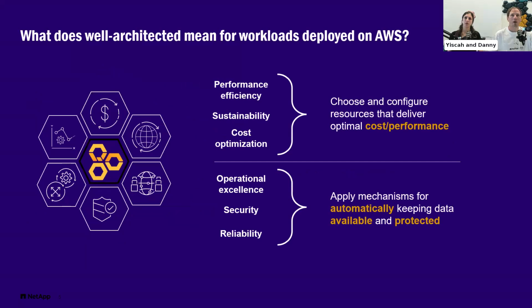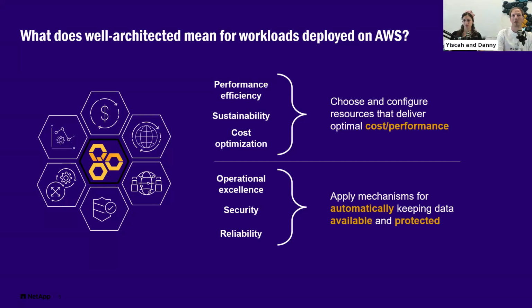So what does it mean when we're deploying our workloads in AWS? Essentially, we can choose and configure the resources that deliver optimal cost and performance, where we balance the performance that we need for our applications and, on the other hand, stay on budget. We can put performance efficiency, cost optimization, and of course, sustainability in that category. And on the other hand, once we have our resources aligned, we need to make sure that everything is kept available, protected, and our data is secure.